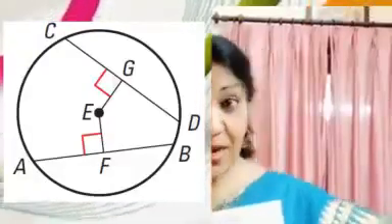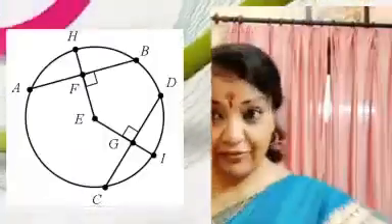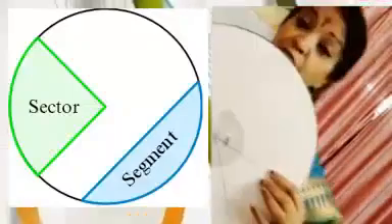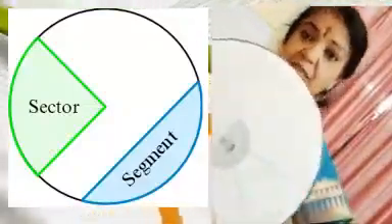It will be a perpendicular distance, and that is the next lab activity. And the next important theorem: here one chord is marked, and we have to talk about the sector of a circle.